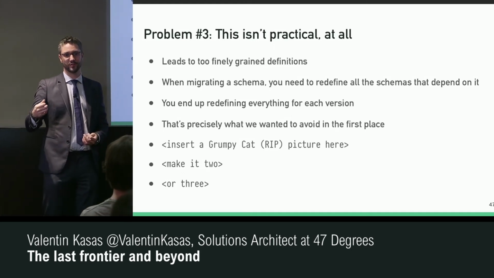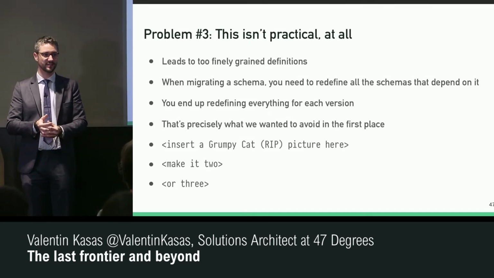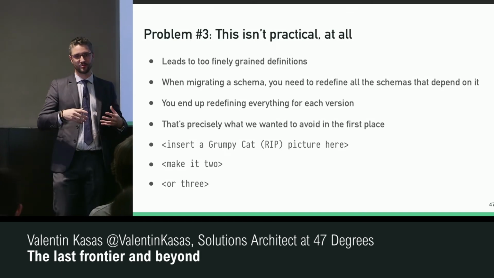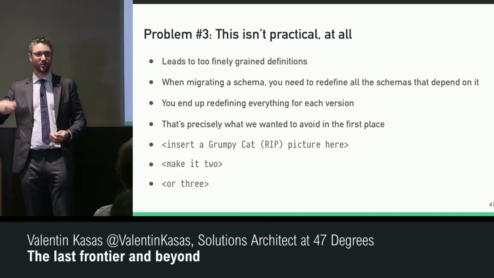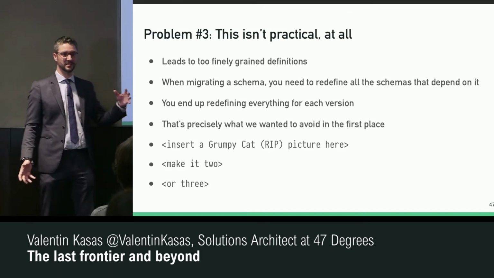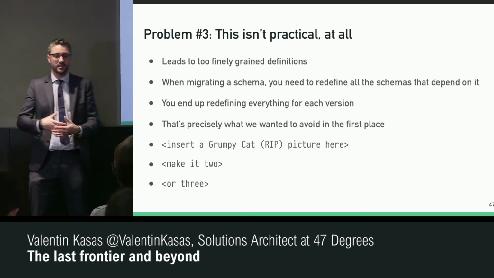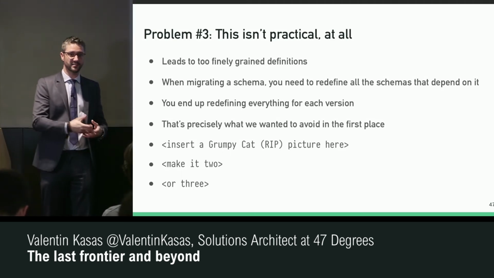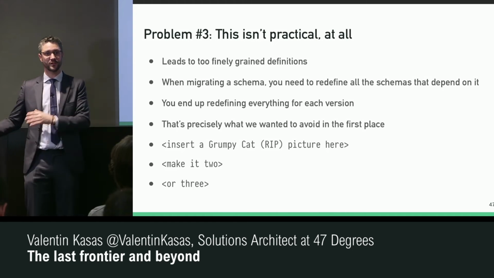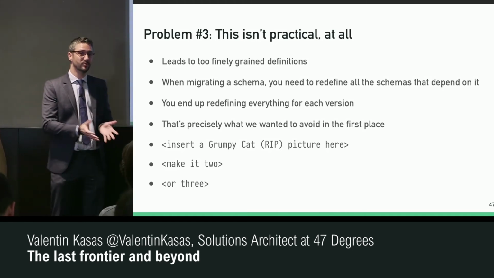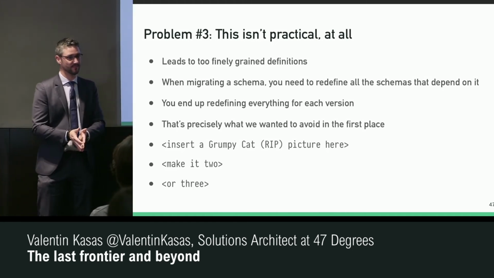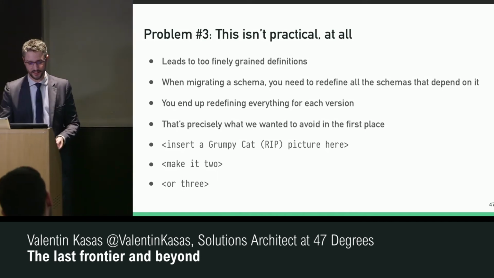And so if you want to define version 1, you would have to rewrite all the calls for all the functions that build the schema. And practically, in the general case, you would rewrite your whole schema for each version, which is precisely what we want to avoid. We want to automate that.